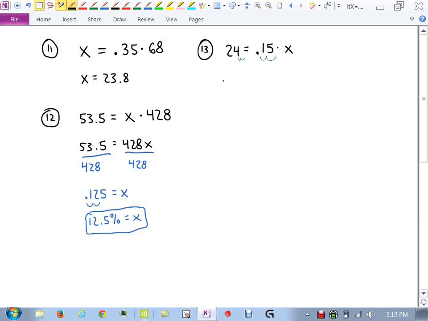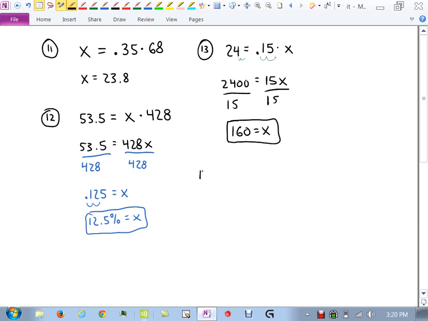So we'll have 2400 equals 15x. Or I could have just divided both sides by 0.15. In any case, we're going to now divide both sides by 15. So 2400 divided by 15 is 160 equals x. All right, we are done with 13.